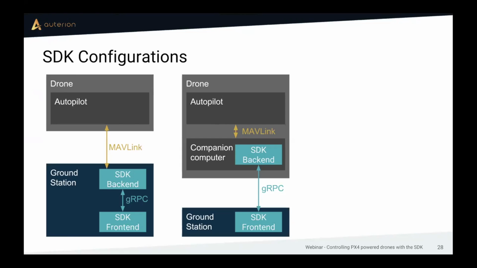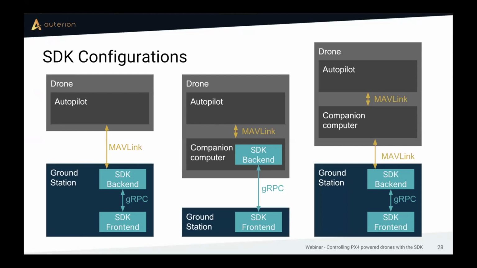So you have the backend running on the companion computer, frontend on your phone or the ground station. However, we are not trying to set that in stone. Everything is flexible. So you might as well continue to talk MAVLink and have the backend and frontend on the ground station. So really, this is flexible and can be applied however needs to be.